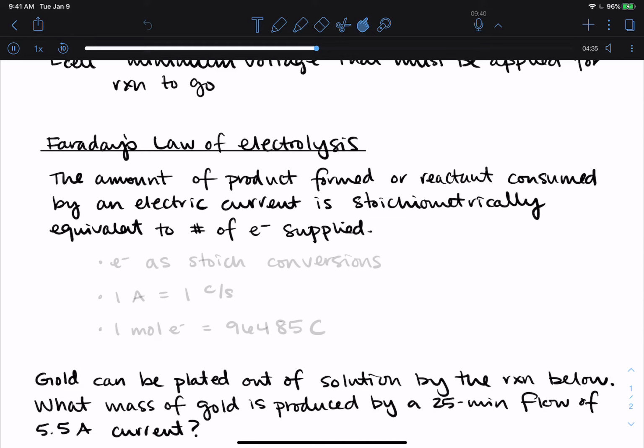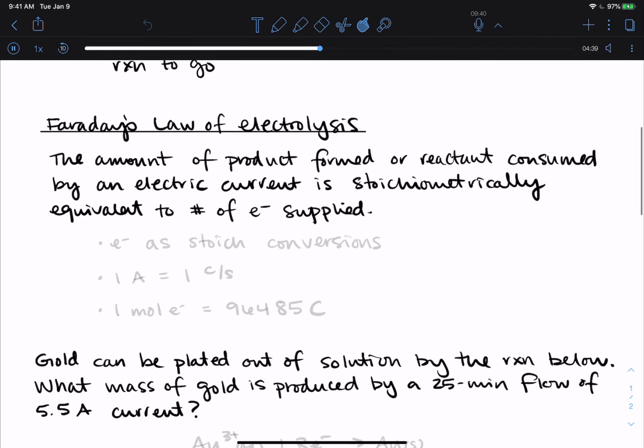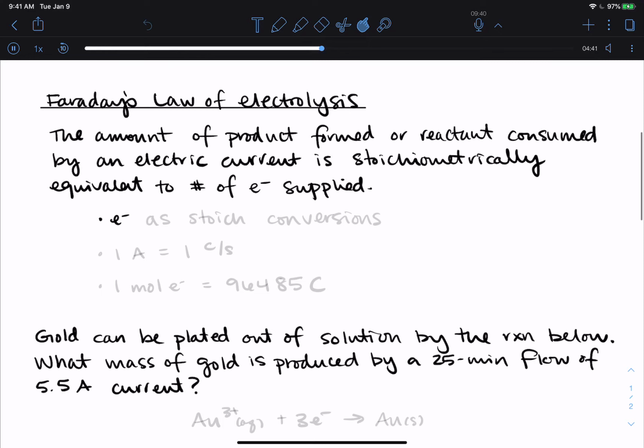All right. And the values that you will need, it's not really a value, but electrons are going to be used for stoichiometry conversions. So you're going to need a proper half reaction.